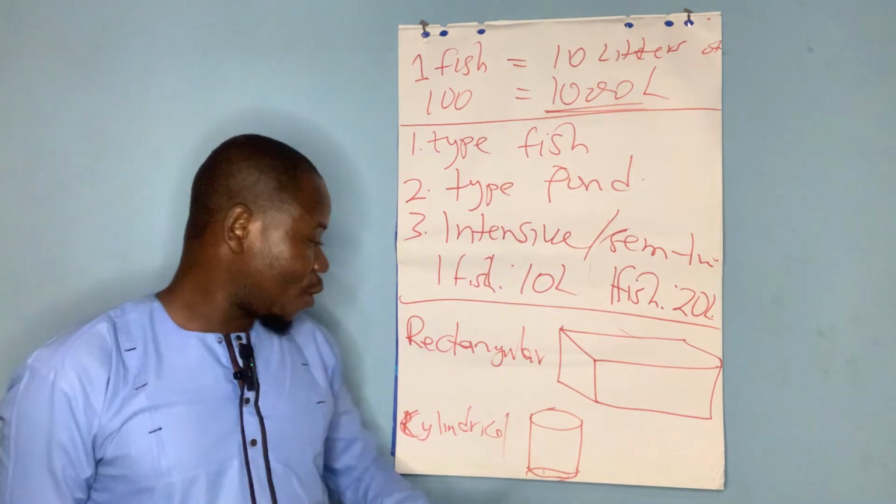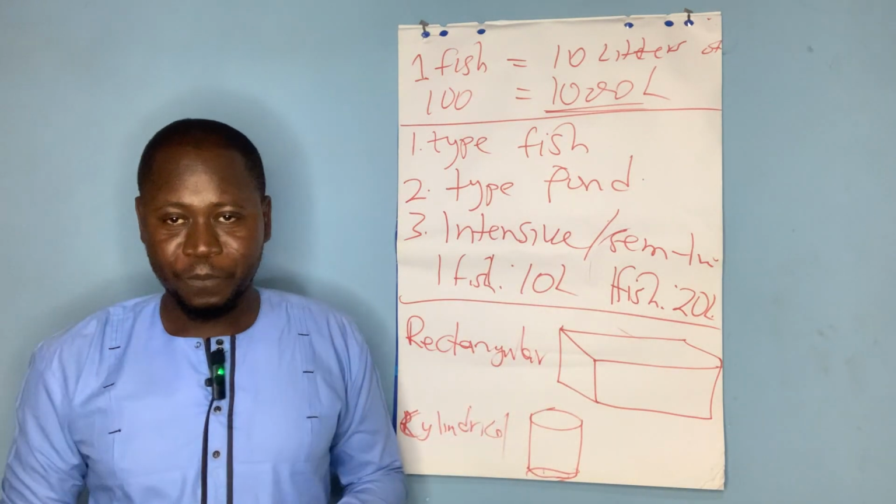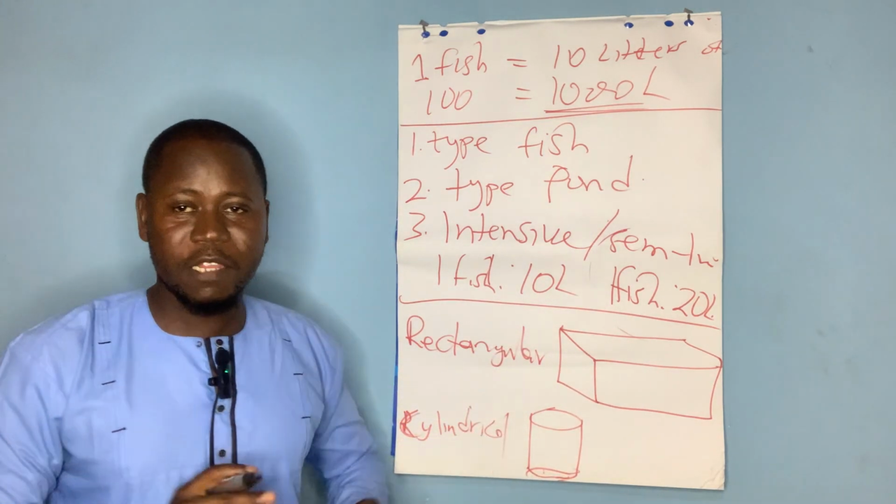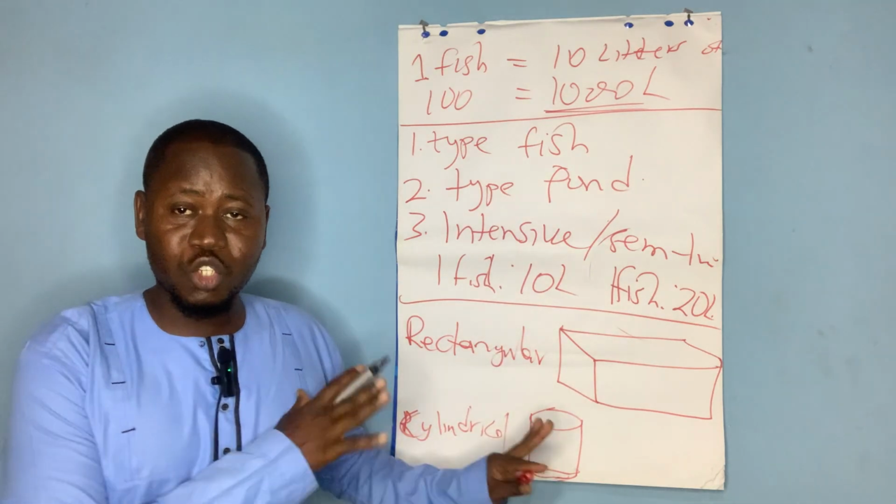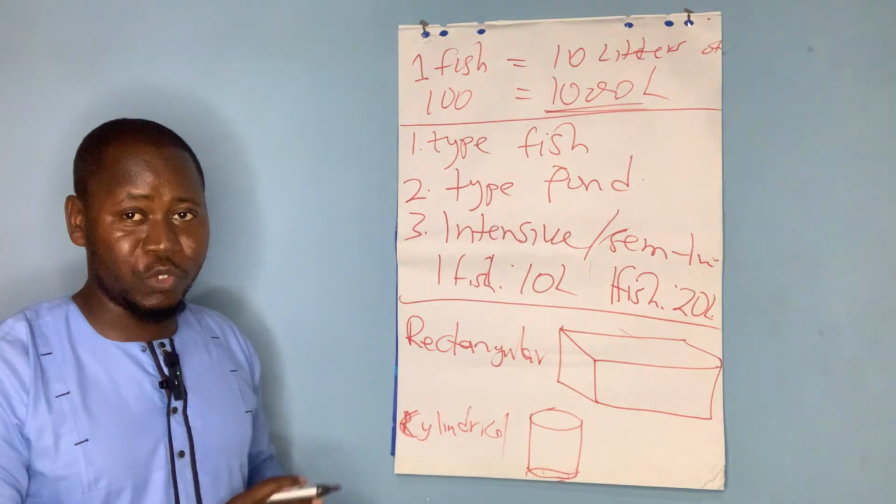So most fish ponds are like this. Either it is circular or rectangular. They may have different shapes, but these are the common ones, and this is what we are going to calculate.